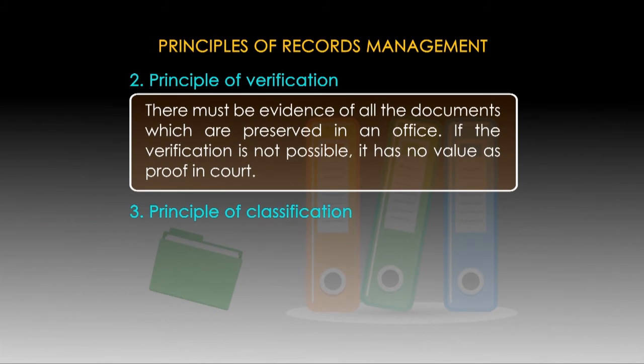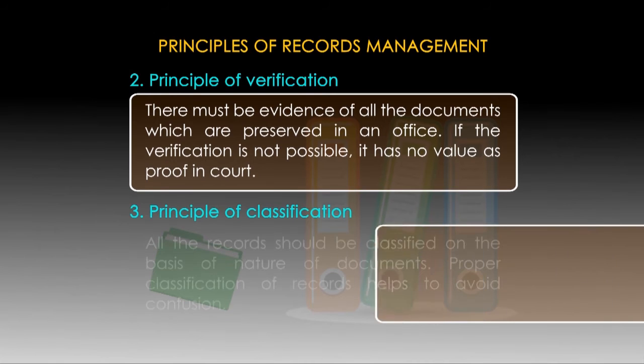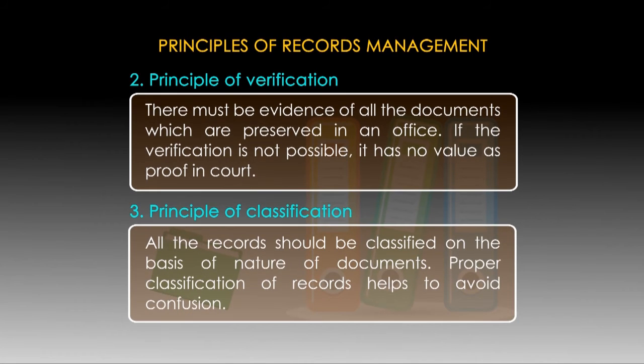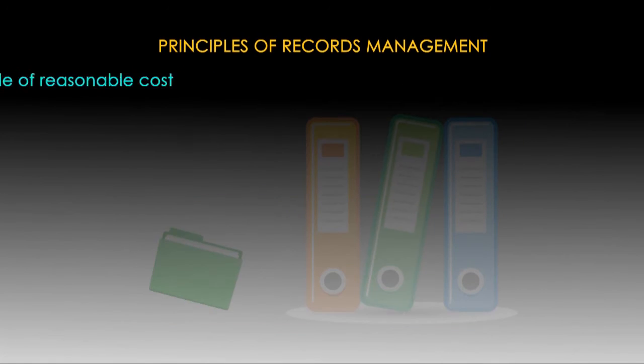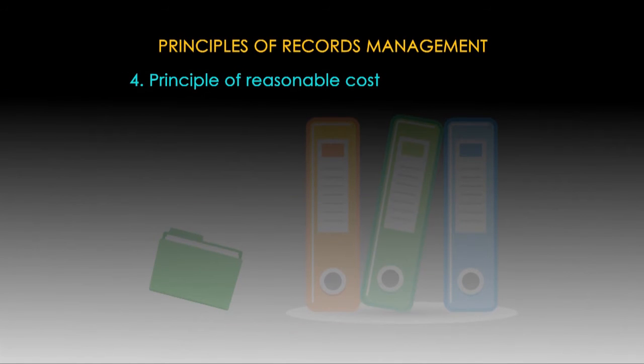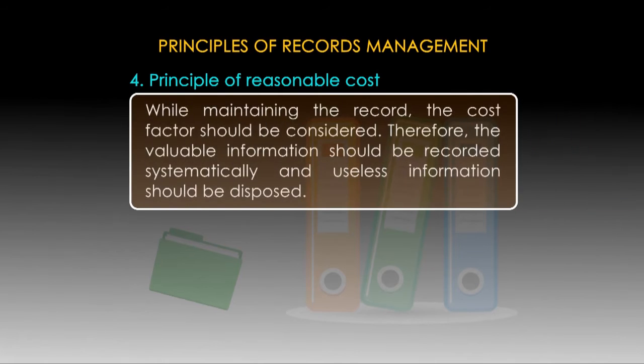Number 3, principle of classification. All the records should be classified on the basis of nature of documents. Proper classification of records helps to avoid confusion. Number 4, principle of reasonable cost. While maintaining the record, the cost factor should be considered.